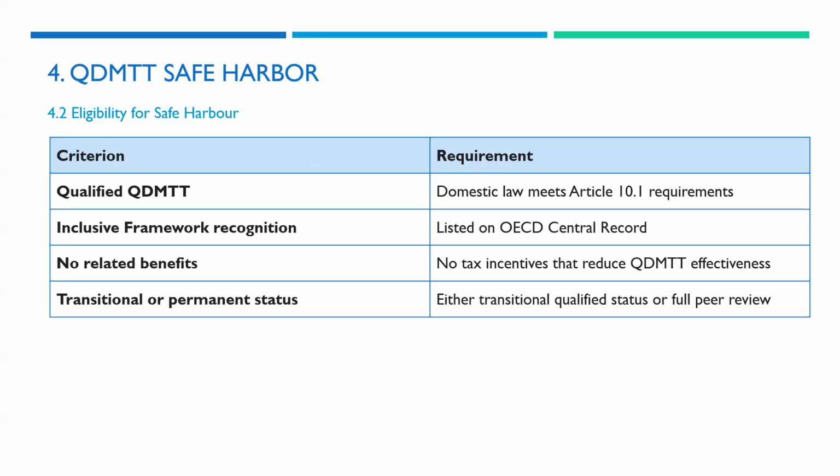Moral of the story is you only need to do it once. You don't need to repeat the same for IIR and UTPR if that particular jurisdiction has a QDMTT safe harbor. IIR and UTPR top-up tax would be deemed as zero. This is the safe harbor that is given, and this is a permanent safe harbor. Normally safe harbors are only for a transitional period.